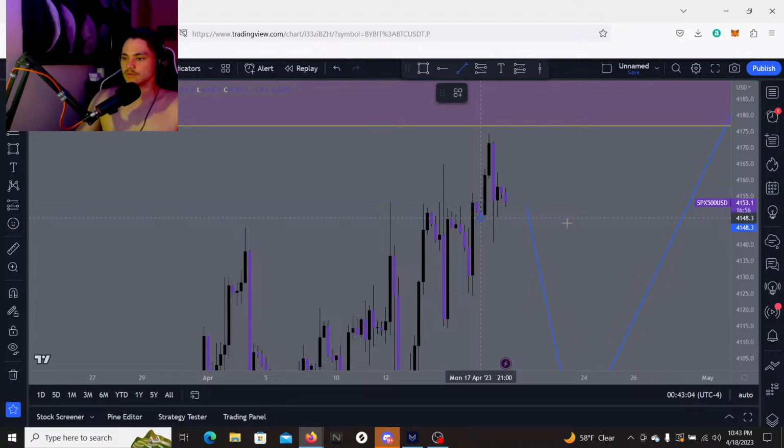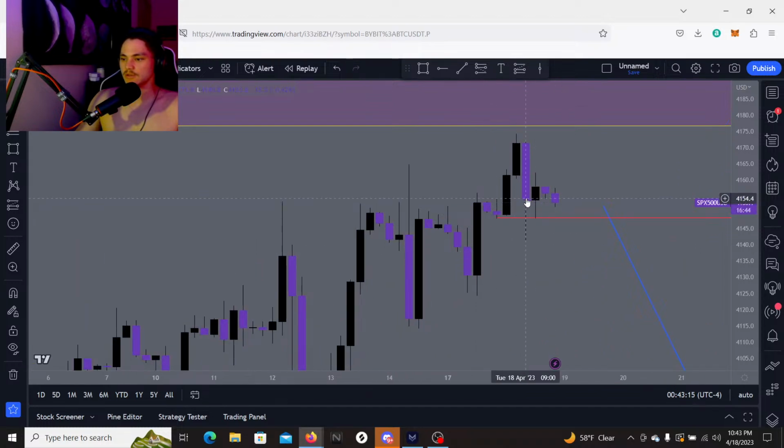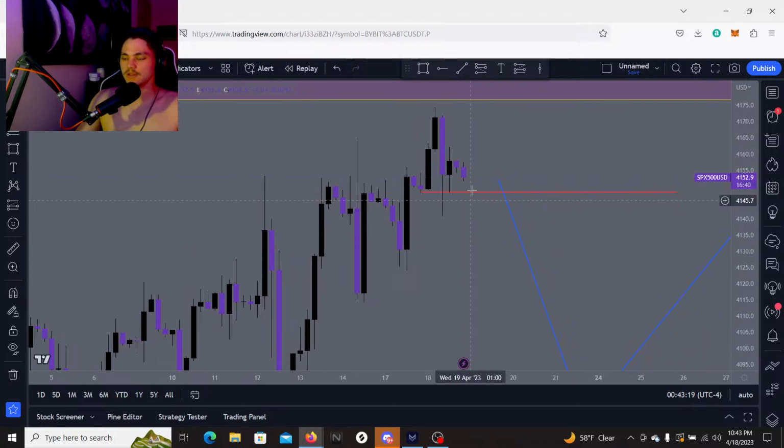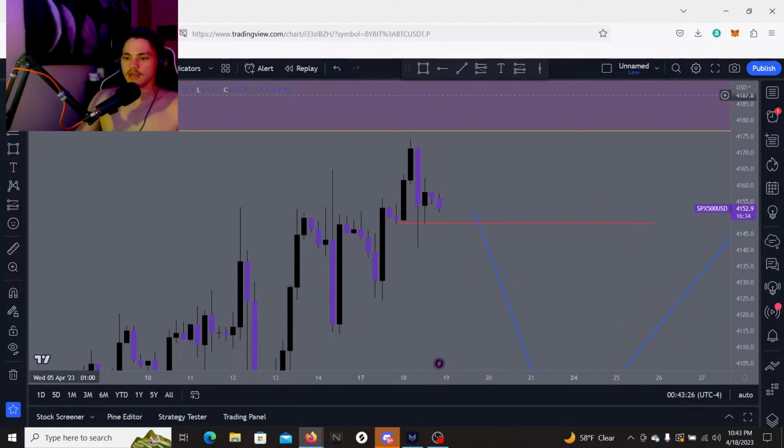Again though, price never closed below this area of liquidity here. It swept it. Sell side liquidity sweep. And it actually created a high.